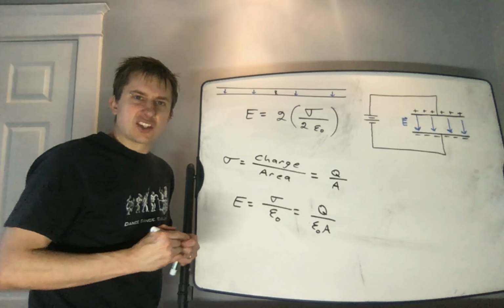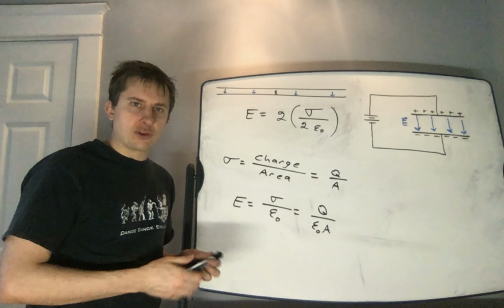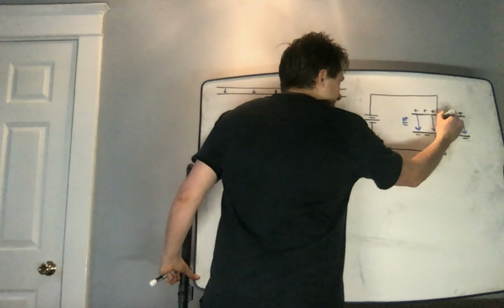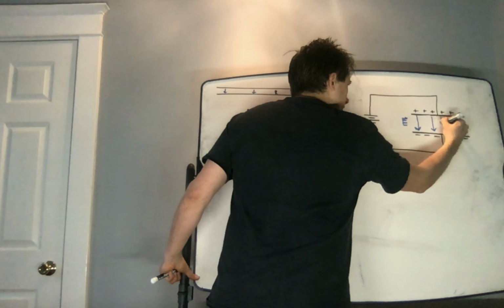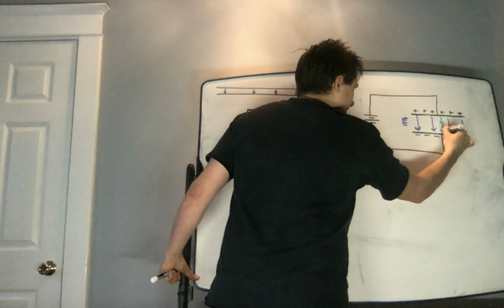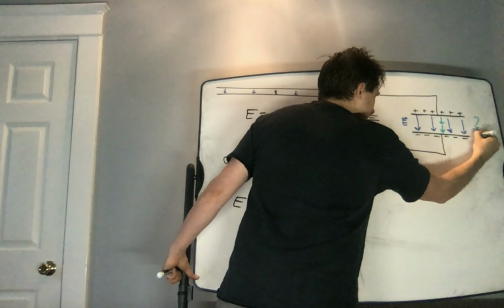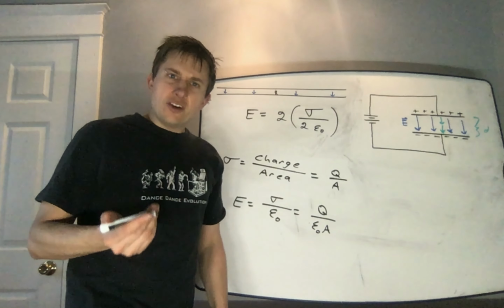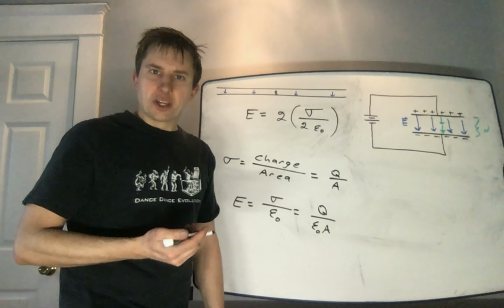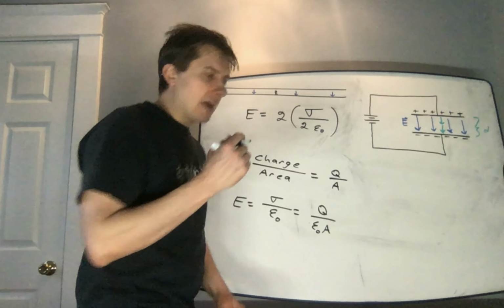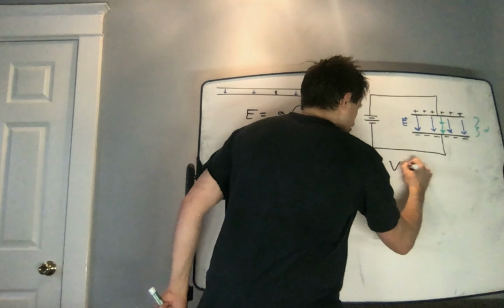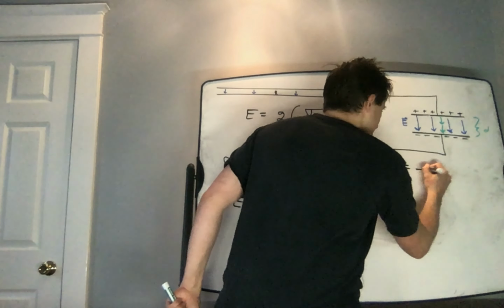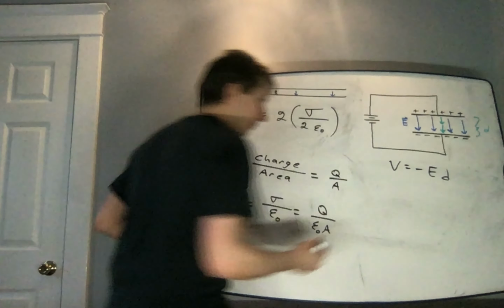Now we are going to ask, what is the drop in electric potential between the plates? So we will imagine that we begin at the positively charged plate, and then we walk down to the negatively charged plate. Overall, we have walked a distance of d, the distance between the plates itself. Because the electric field between the plates of the capacitor is uniform everywhere, I could write the change in electric potential as we move from the positively charged plate to the negatively charged plate as negative E times d.